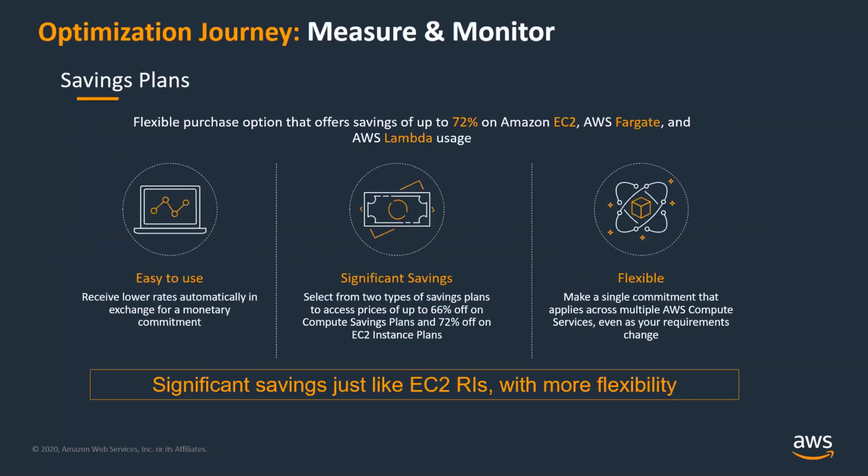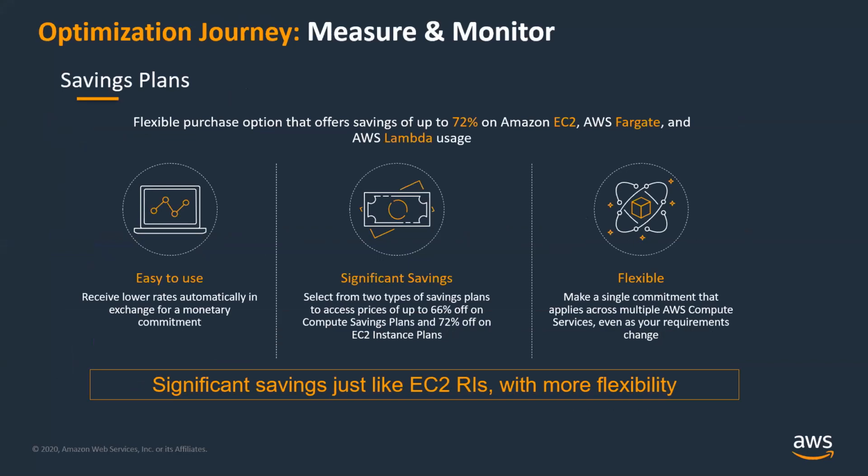Now, once you measure your workload using these tools, as I mentioned before, and you figure out how much compute power you need on a regular basis, you can take advantage of Savings Plans, which Kevin has covered in depth. So I will not go into details. Only thing I want to highlight here is these Savings Plans are also applicable for any Windows workloads.